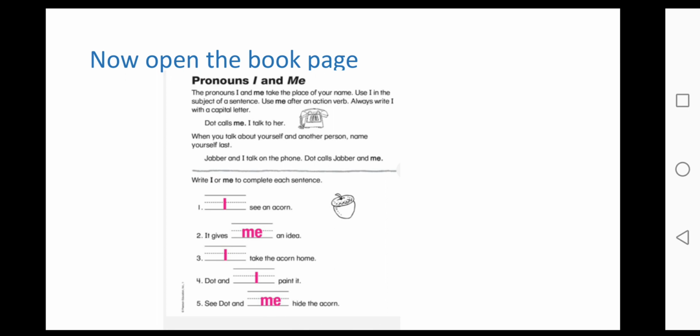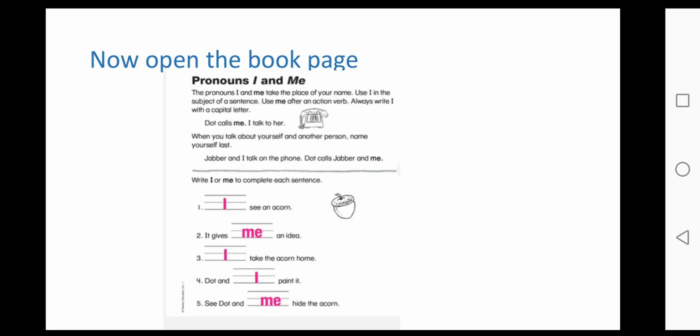So here, let's read the examples. Dot calls me. I talk to her. So Dot calls, after the verb, what do we use after the action verb calls? Me. Excellent. So the action is calls, and we use the pronoun me after the action verb.